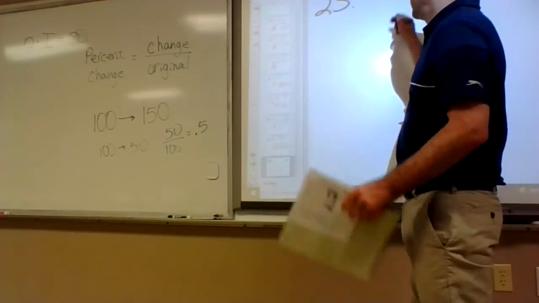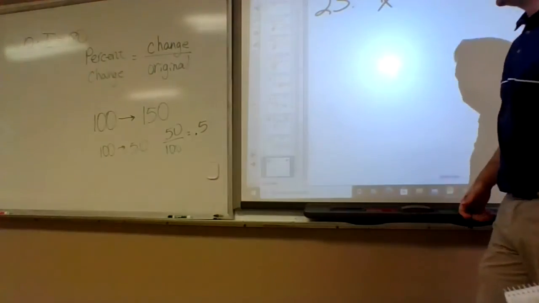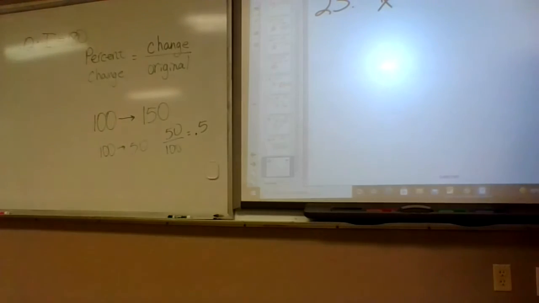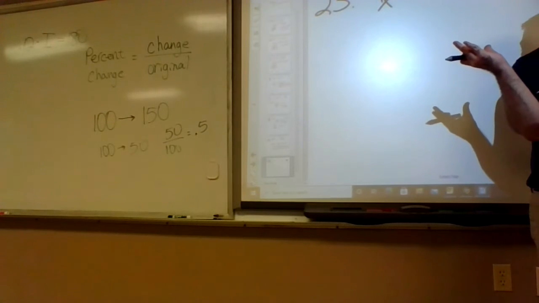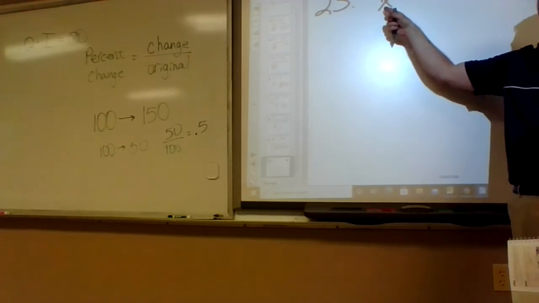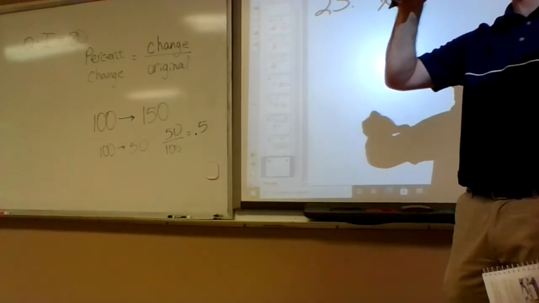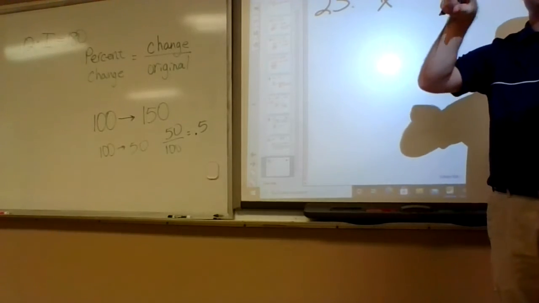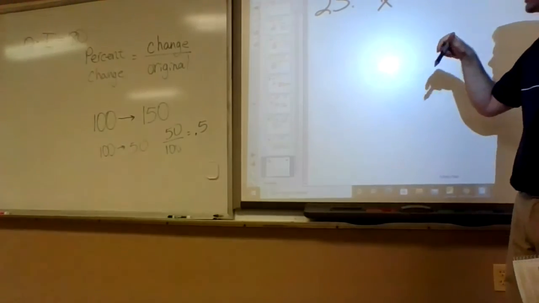Okay, I'm going to call original X. I don't know what it is yet. If I'm supposed to drop that by 75%, then how much of that number should be left? If I'm supposed to drop this number by 75%, what percent is left? Not 15, 25%.